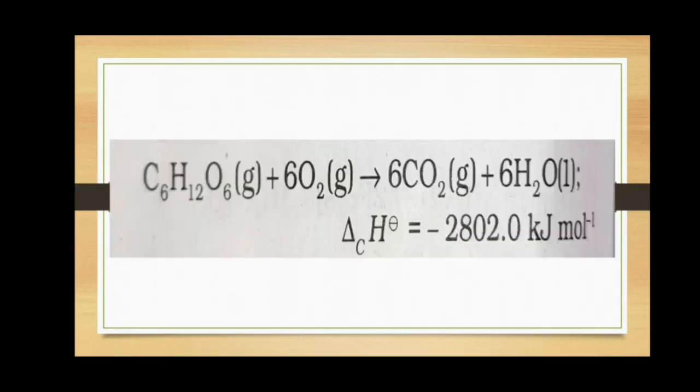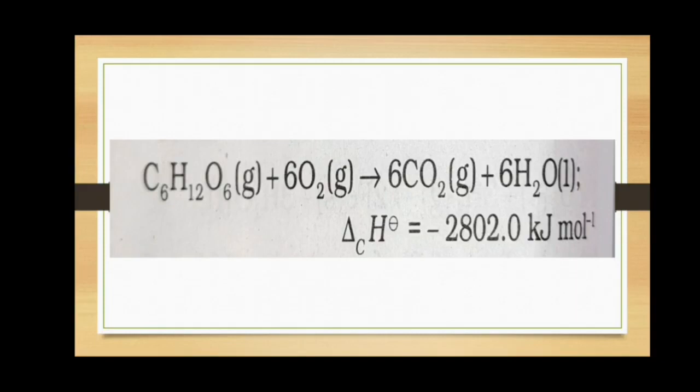Now, this is an example of combustion of glucose, C6H12O6. When it reacts with oxygen, that is combustion, it gives out carbon dioxide and 6 water molecules. The enthalpy change, delta C H, is given as minus 2802 kilojoules per mole.